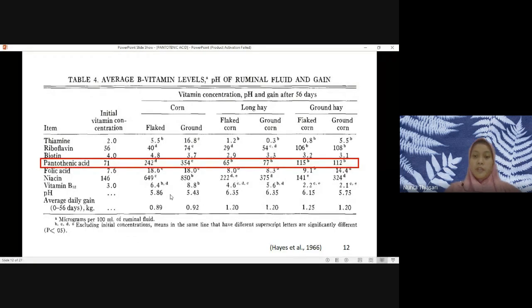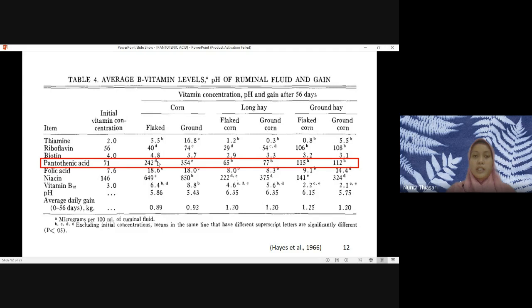And next, this author would like to know what kind of nutrient is needed for the rumen microbes to synthesize the pantothenic acid. So in this red column here, the author is comparing corn, long hay, and ground hay, and the corn is in the form of flake and ground.